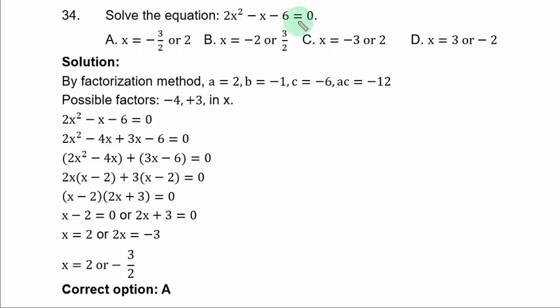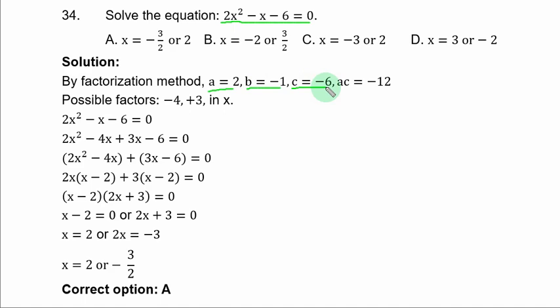Question 34. Solve the equation 2s squared minus s minus 6 equal to 0. By the method of factorization, if you compare the given equation with the general quadratic equation as squared plus bs plus c equal to 0, you will agree with me that a is equal to 2, coefficient of s squared, b is equal to minus 1, coefficient of s, c is equal to minus 6, the constant term.